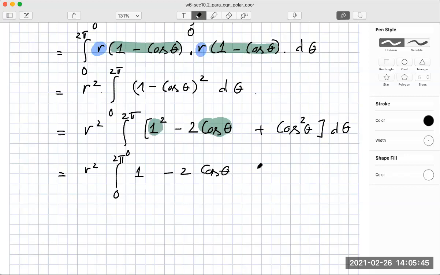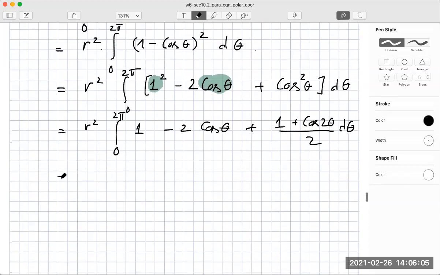It will be 1/2, the double angle formula, right? Okay. Double check if it is correct or not. So I believe it's correct here.